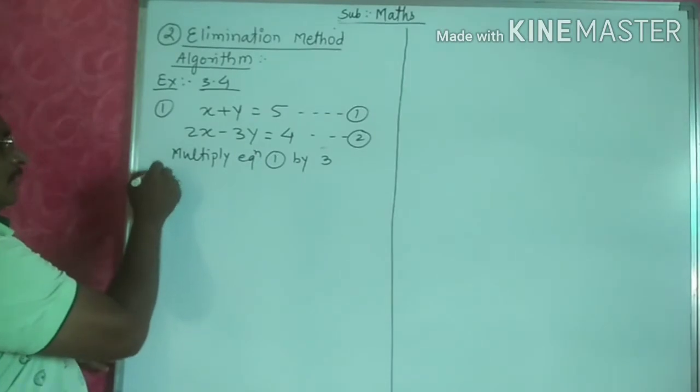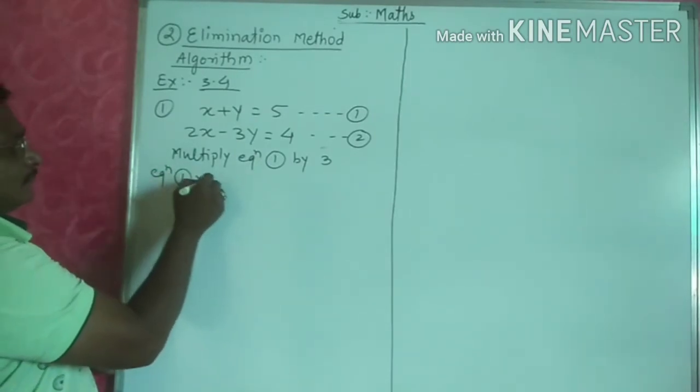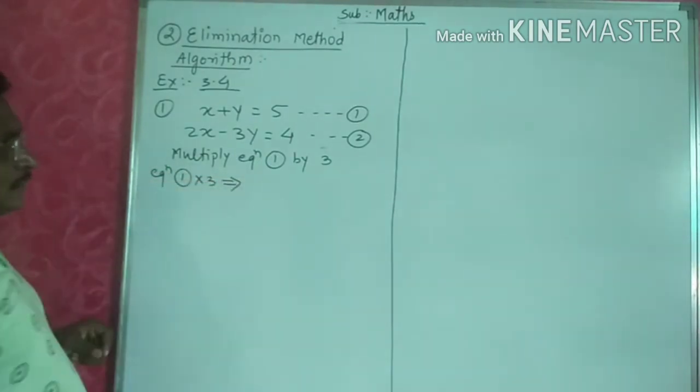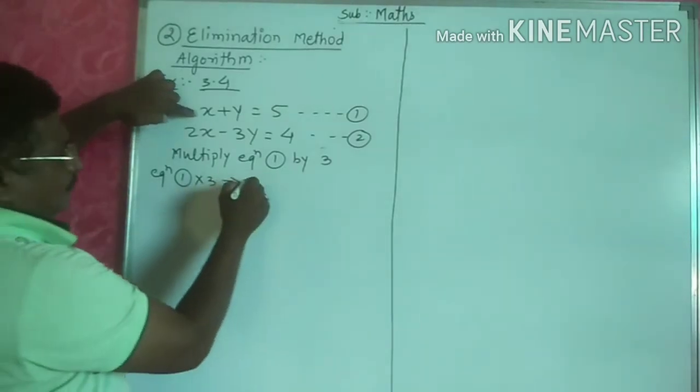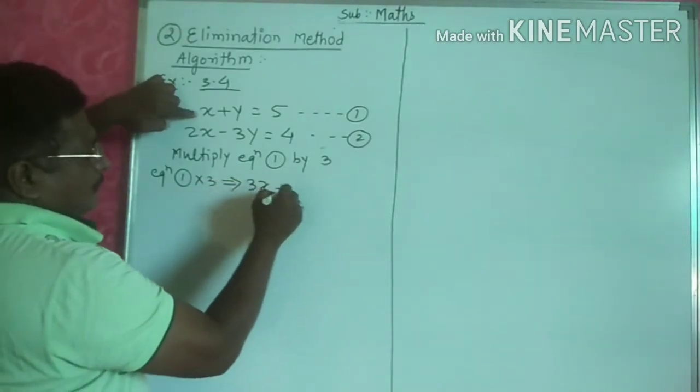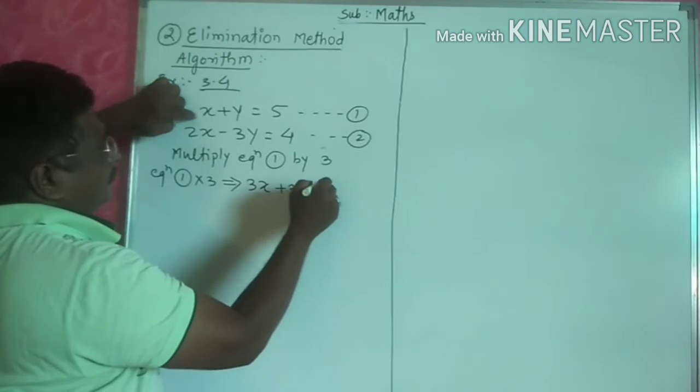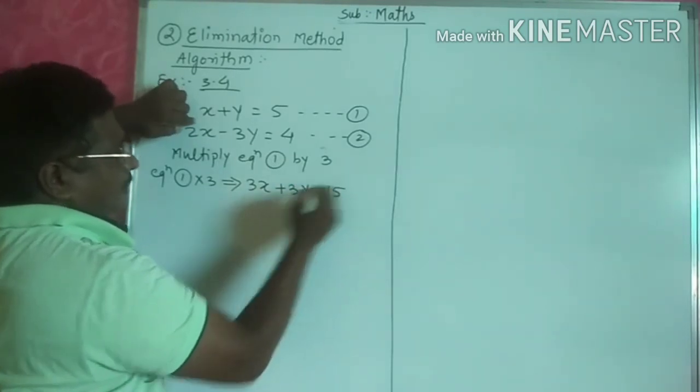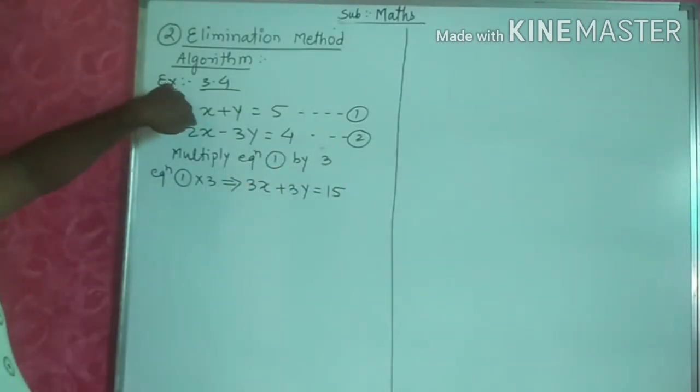So equation 1 becomes 3x plus 3y equals 15. The whole equation has to be multiplied.